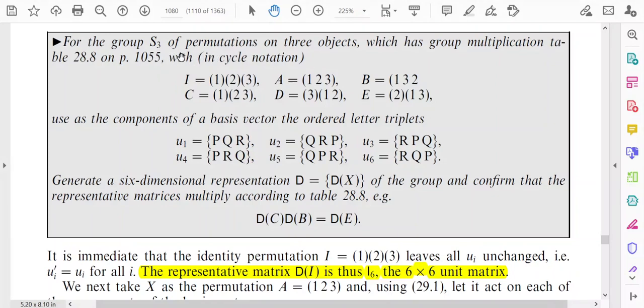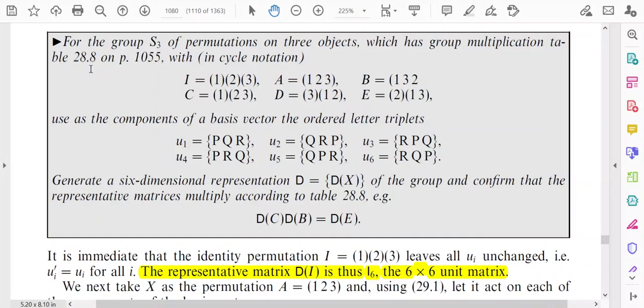So we are considering the group S3, that is the permutation group, which has a multiplication table. In this lecture I am not showing the multiplication table, but this particular table is 28.8, which was repeatedly discussed in our earlier lectures.